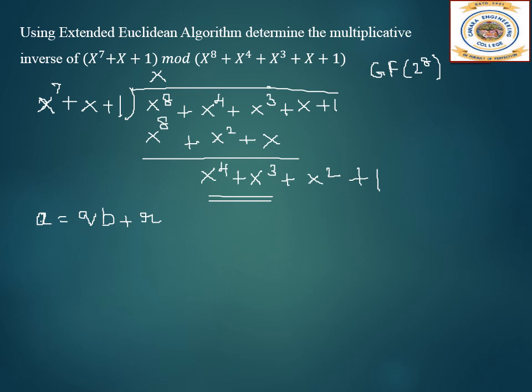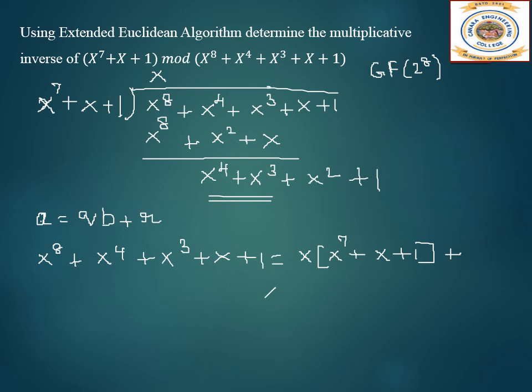So x to the power 8 plus x to the power 4 plus x cube plus x plus 1 is our A, equal to the quotient, which was x, into the divisor x to the power 7 plus x plus 1, plus the remainder.